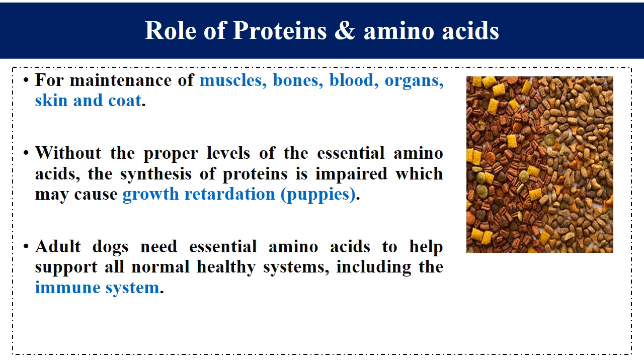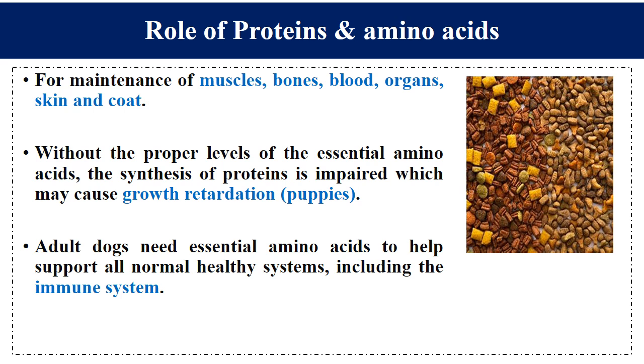Without proper levels of essential amino acids, the synthesis of protein is affected, which may affect the growth or other physiological activity of the pets. In adult dogs, essential amino acids help and support normal healthy systems, including immunity, reproduction and other activity.